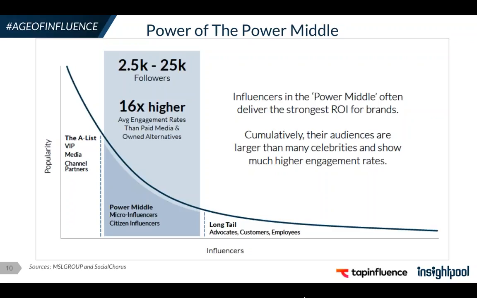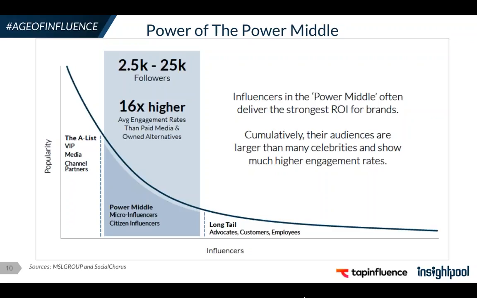When you look at the increase in engagement rates, and having it as the avenue of producing more engagement versus some of these other paid channels, you were speaking to the increase in ad blockers and avenues where you're really not sure who is seeing your content, with being able to control your message within these influencer groups, we're seeing an increase in ROI for our brands. I'd love to hear your perspective there a little bit more in detail around the power middle and how TAP looks at it.